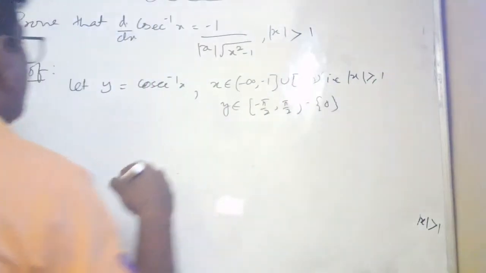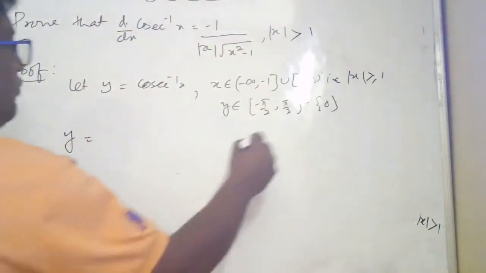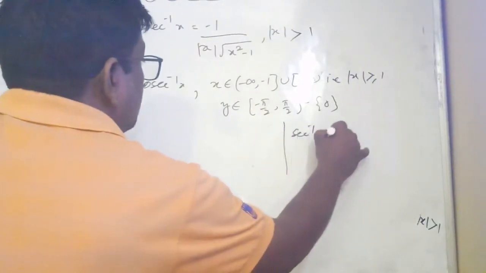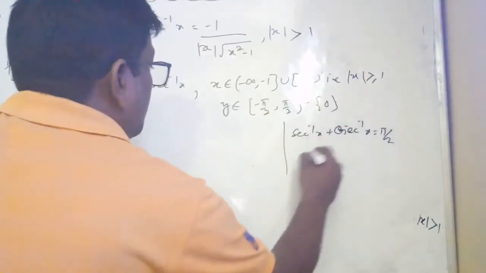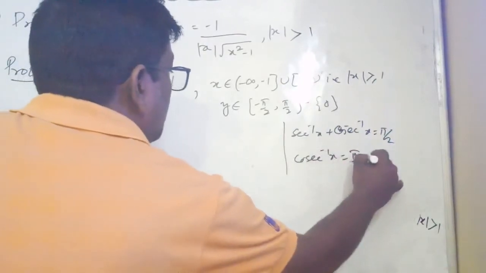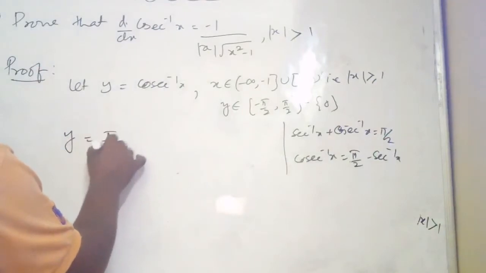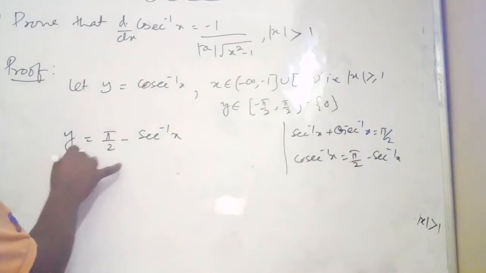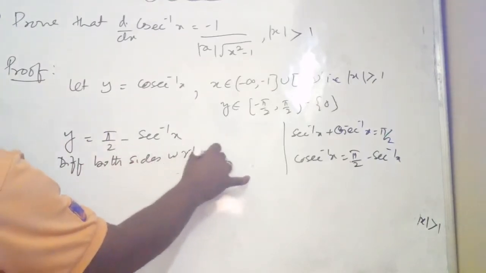Okay, now we know sec inverse x plus cosec inverse x is equal to pi by 2. So cosec inverse x is equal to pi by 2 minus sec inverse x. So here write y is equal to pi by 2 minus sec inverse x. Differentiate both sides with respect to x.